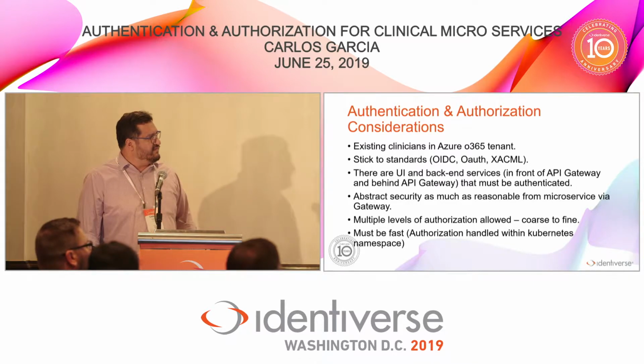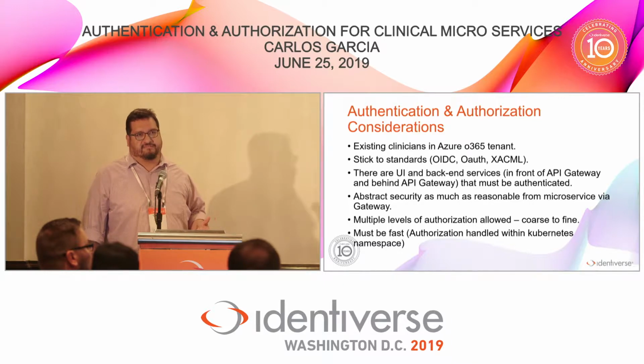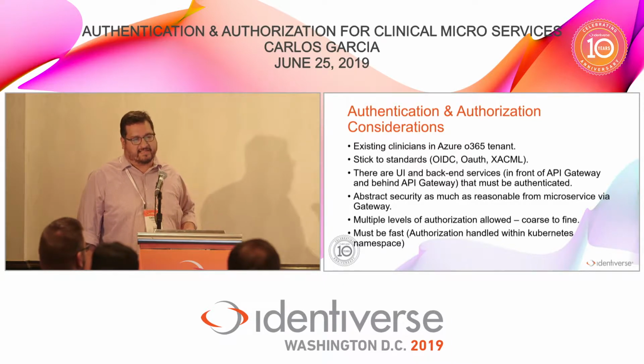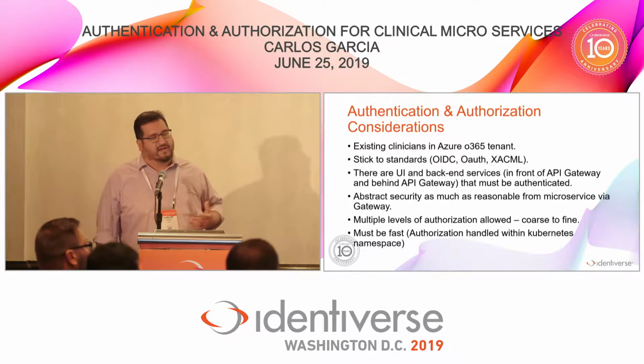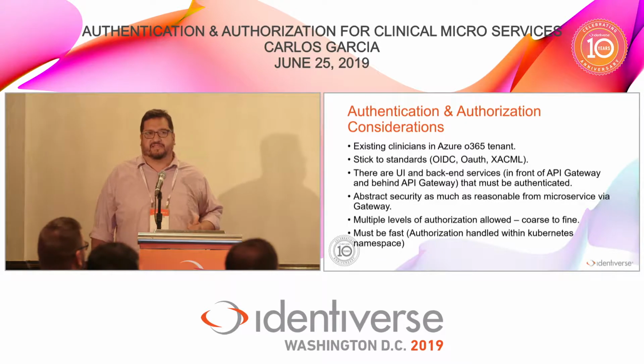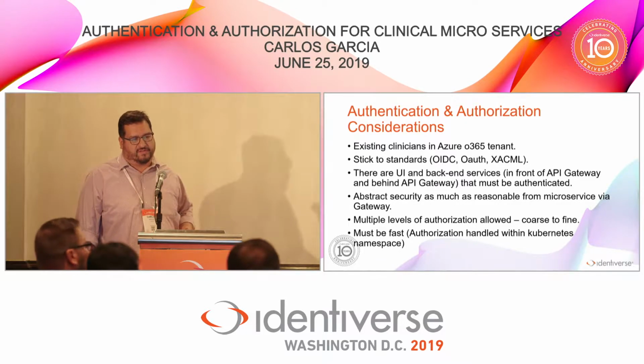As mentioned, you have the front UI, a single-page app that implements OIDC clients, and then the back-end applications, where we're using the API gateway as the resource server within your traditional OAuth flows.